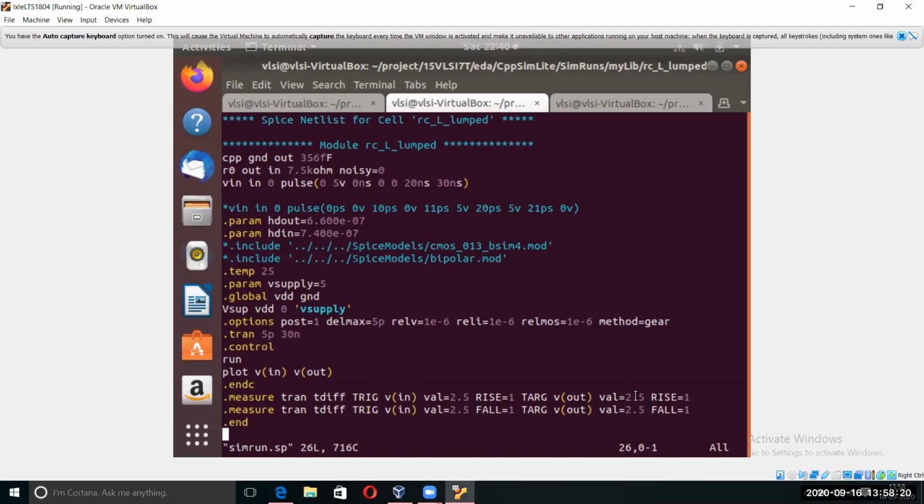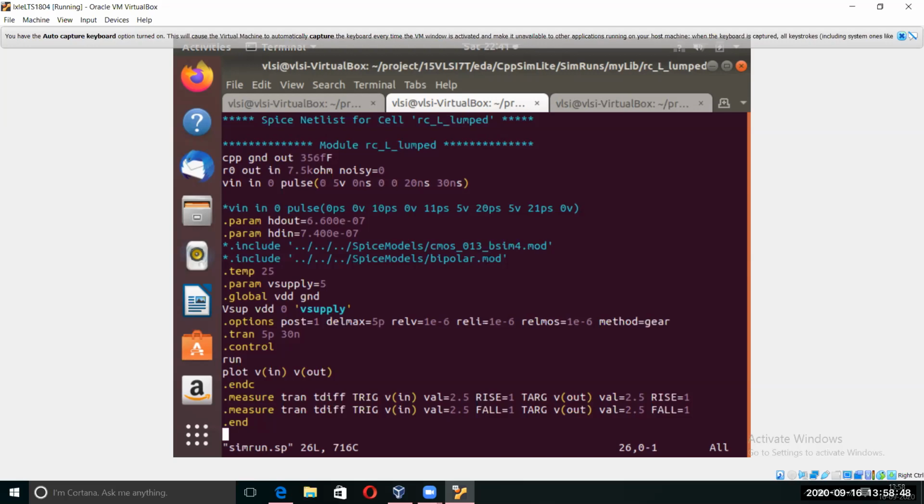But here you have to give both as rise, because in an RC one pattern will only generate for all the periods. It will not be like for the first one rise, then the next one fall, then again rise fall. It will not be like that. So you have to give TP for the rise one, then again fall for another one. Then end this as usual. Then you have to run it.